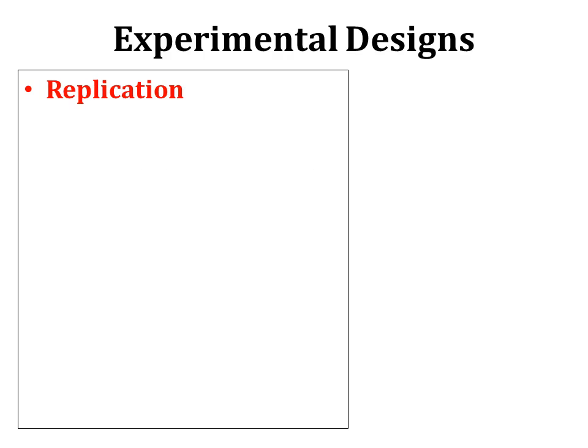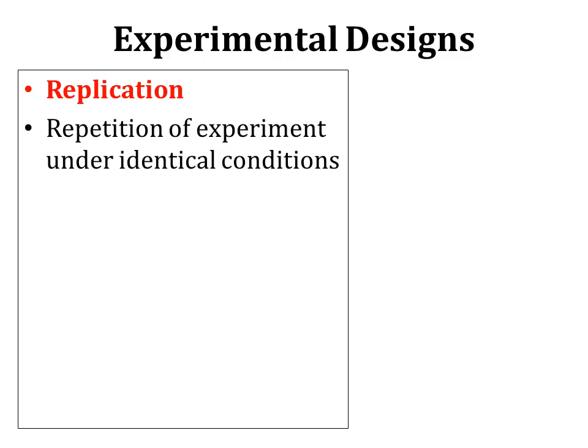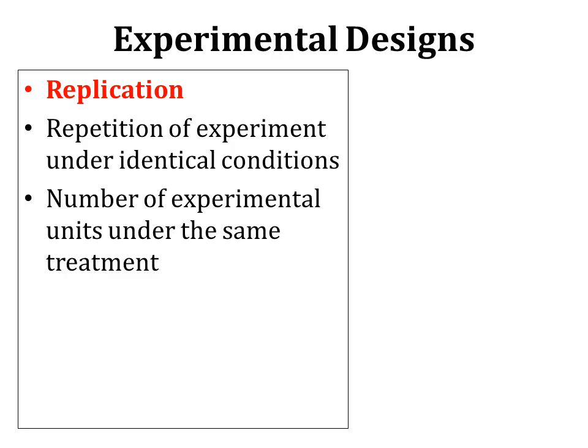Now the next principle of experimental designs is replication, right? Replication means repetition: repetition of an experiment under identical conditions is known as replication. Which means that if you're going to give a treatment, that treatment is to be replicated on a number of experimental units.